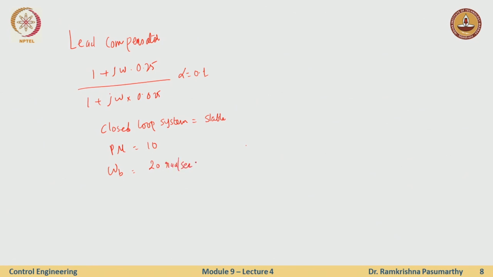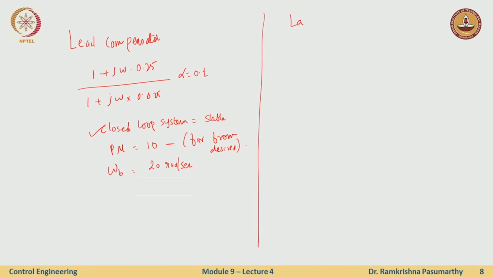Okay, so what is good? Well, this is a good thing, but it is far from desired. Desired was more than 50. So this is just about designing with the lead compensator.